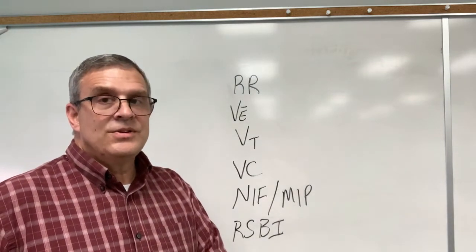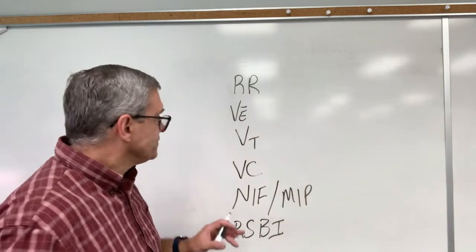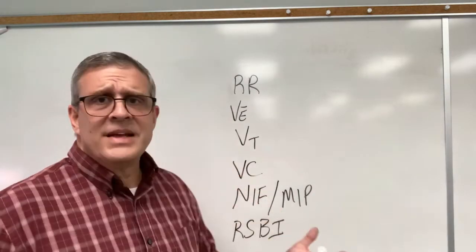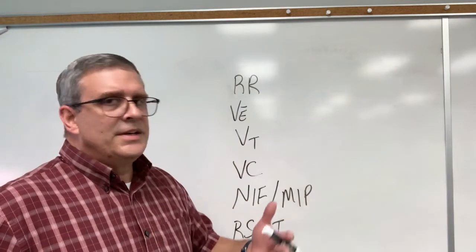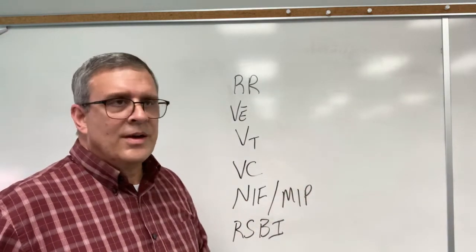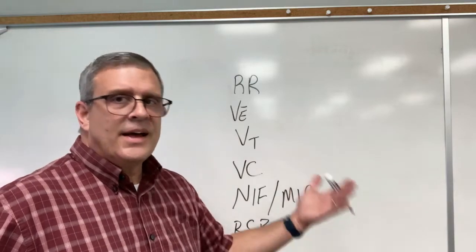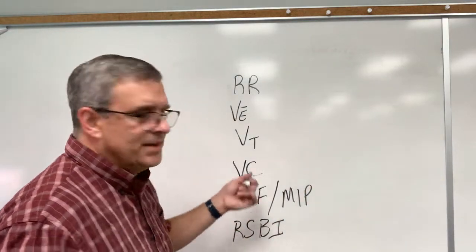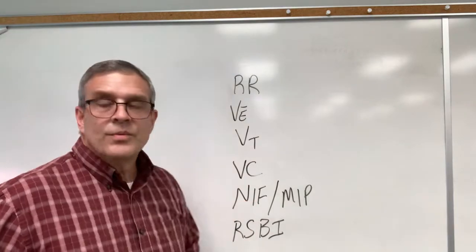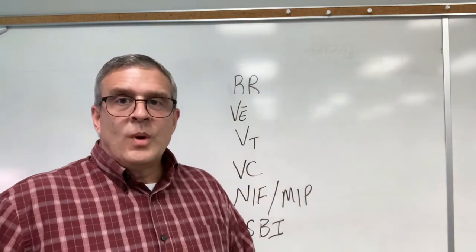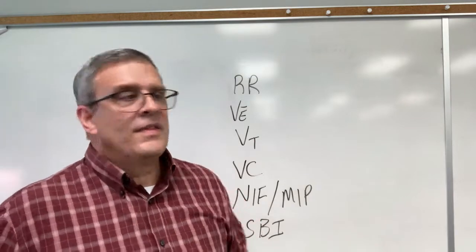Again, some institutions vary that a little bit. They may say you have to get a different number of milliliters per kilogram or this many times the tidal volume, and that's fine. 10 is just a basic guideline. A NIF, we want negative 20 or more negative than that.